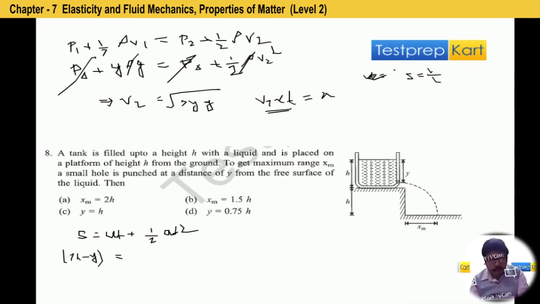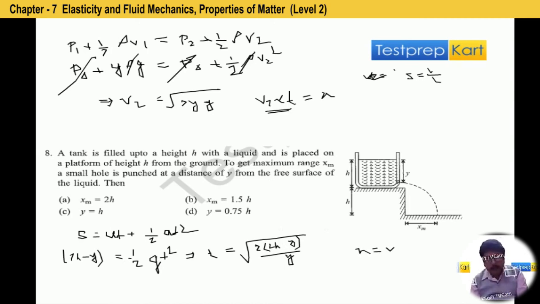Sorry, so here it is half at square. So T should be root over 2 times (2h minus y) by a, where a is g, as it is half gt square.